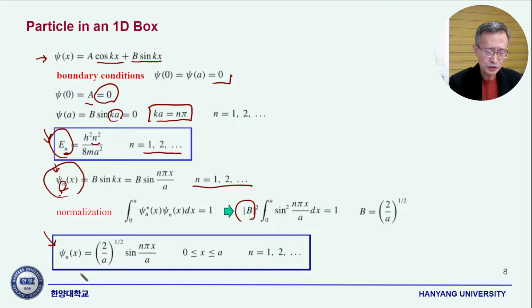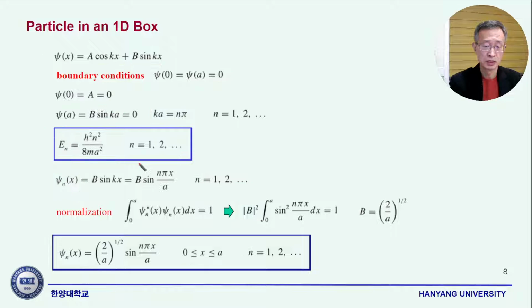So the wave function psi n is the square root of 2 over a times sine n pi x over a, inside of the box, of course. So we have the energy and wave function corresponding to the quantum number n equals 1, 2, 3 to infinity. This is the important result that we need to obtain the translational partition function.